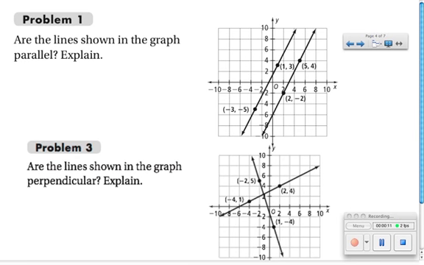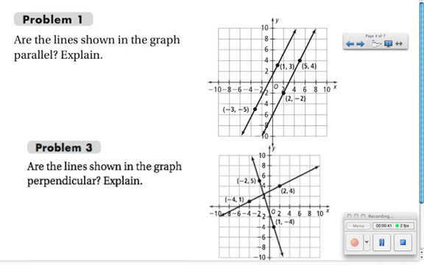In problem 1, we are trying to identify whether the lines are parallel, and they sure look parallel. But I would hope that you'd realize if one slope is just a decimal off from being equal to the other slope, they're going to look parallel, but they technically won't be. So you do want to make sure that you are using the slope formula, or in this instance, some of you may be more comfortable counting the rise, counting the run, but you do need to find the two slopes.